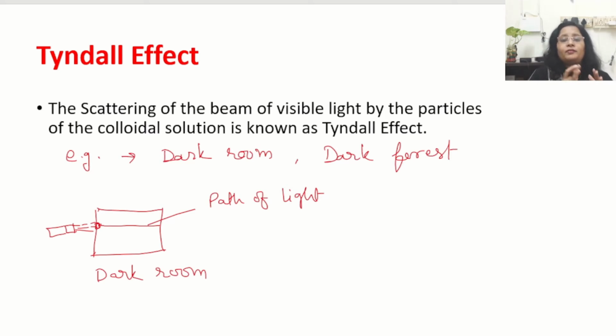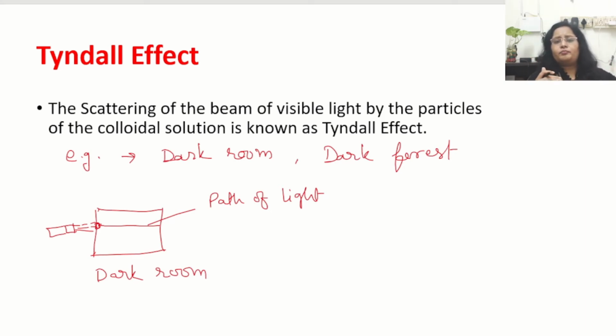In the same way, when we go to a very dark forest where huge trees cover all the sky, what will happen? All the environment around is full of fog or mist. We can say water particles mix with the air particles and make a layer around.